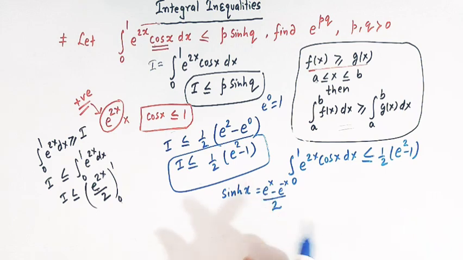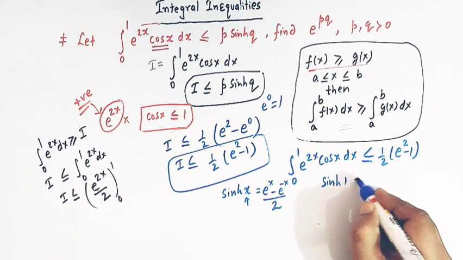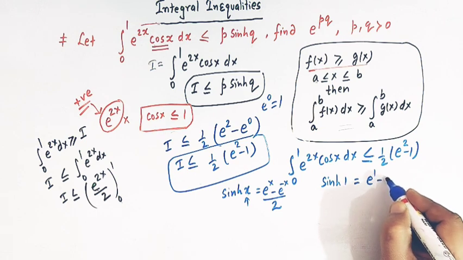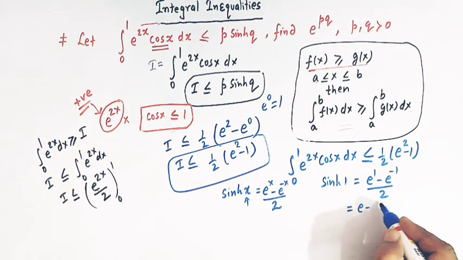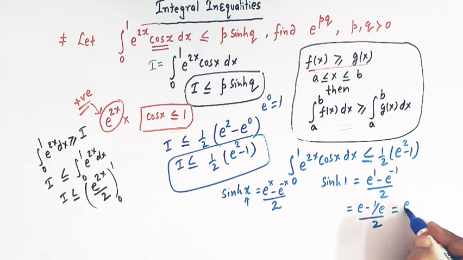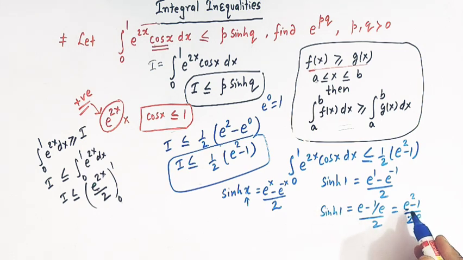So here if we take x equal to 1, what we will get, sine h of 1, that is hyperbolic sine of 1, is e raised to 1 minus e raised to minus 1 over 2. So this is e minus 1 over e divided by 2. So e square minus 1 over 2e, right? So hyperbolic sine of 1 is equal to e square minus 1 over 2e.